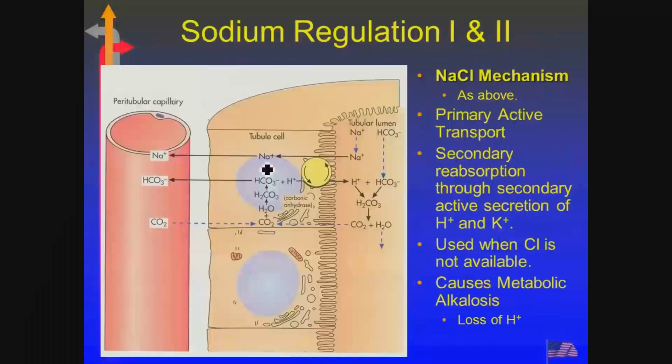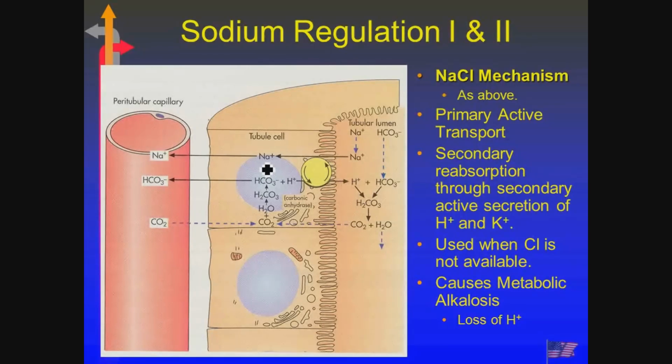So this is the second place where sodium is primarily reabsorbed. The first one was in the proximal convoluted tubule, where it was reabsorbed as sodium chloride, and that also happens here. Sodium comes back, chloride comes back. And again, this is a primary active transport, so it's going to require some energy.